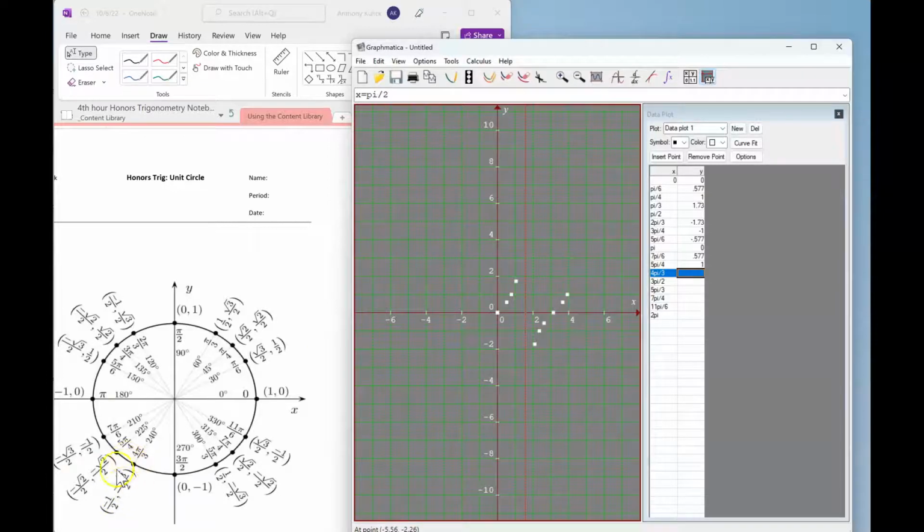And then we have negative square root 3 over 2 divided by negative 1/2, which is going to be root 3. And then if we get down to here, what's going to happen? Negative 1 divided by 0. So what do we get? Another asymptote.